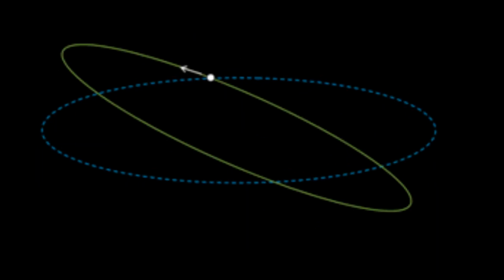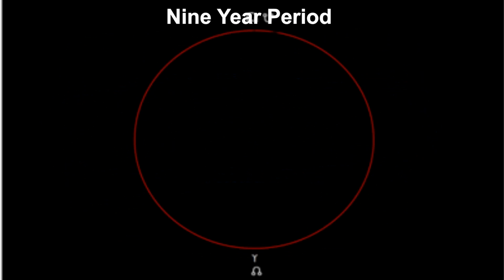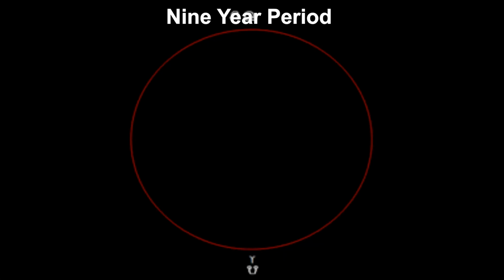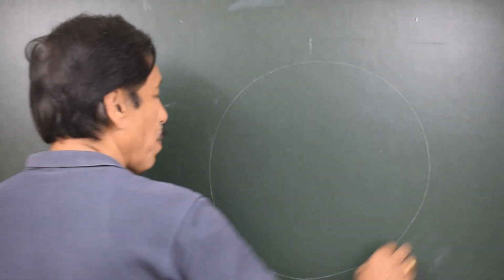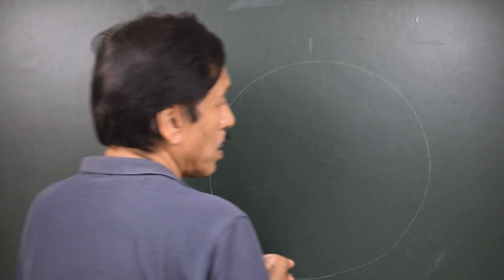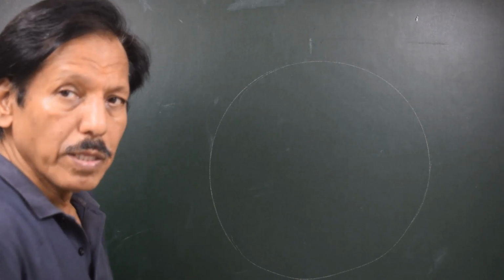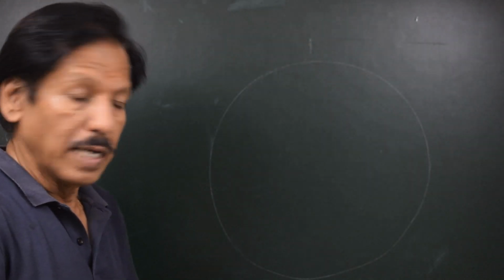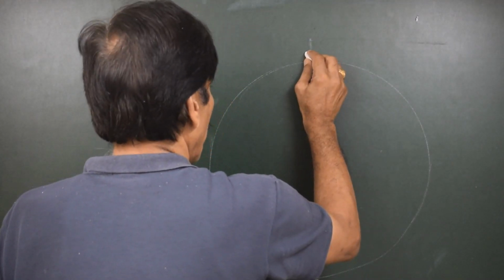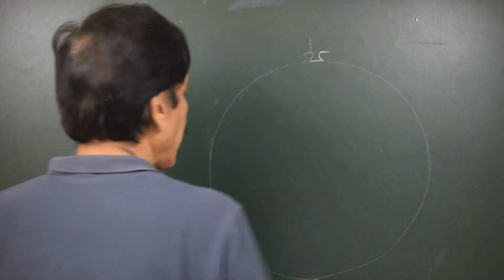Let us say this is a celestial sphere. It's representing the ecliptic. The ecliptic is a great circle on the celestial sphere showing the movement of the sun. So this is the path of the sun eastward on the celestial sphere, and the common points between the moon's orbit and the ecliptic are the ascending node and descending node. And suppose these two are the nodal points, right?